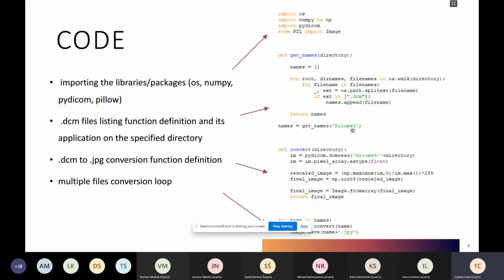The most important part of this function is actually rescaling the images because they need to be properly rescaled for the outputs to be of satisfactory quality. And finally, after we've done that, we wrote a multiple files conversion loop, which converts files from DICOM format to JPEG format and saves them with the appropriate name in the folder.